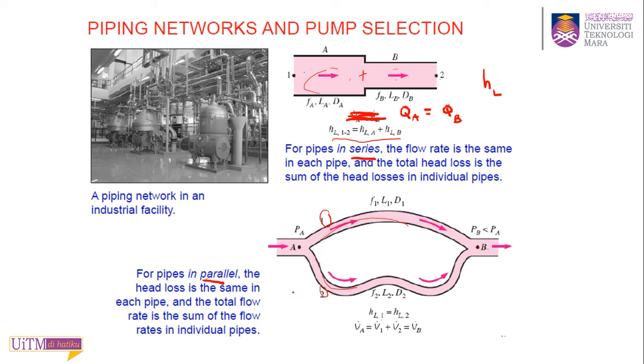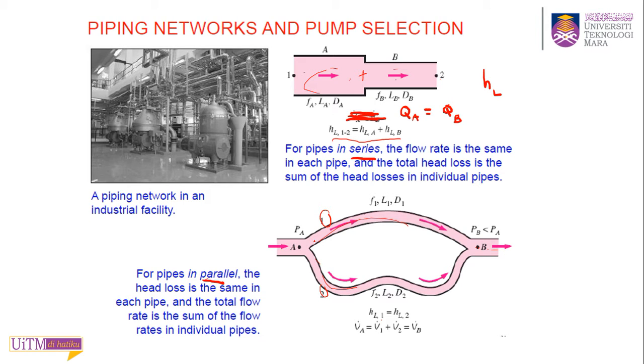But for the flow rate of this parallel piping network, you need to add the flow rate in the first pipe and the second pipe. The summation of that will be your total volume flow rate at B. That's why it says here VA equals V1 plus V2, or Q1.